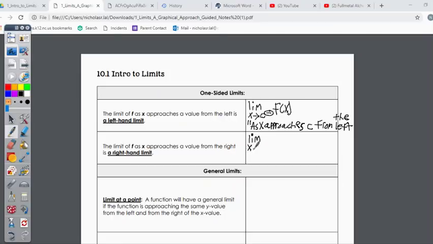And for the same reasoning, the limit as x approaches c from the right of f of x, so as x approaches c from the right.